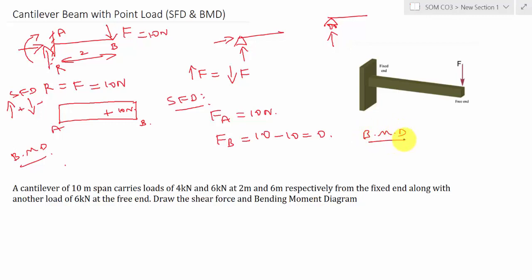For the bending moment diagram, the moment at B is equal to 0 because no force is acting on the right side. Remember that for shear force I started from the left side and for the bending moment I started from the right side. In the bending moment I have considered the counterclockwise direction as positive and the clockwise direction as negative. So keep that in mind.